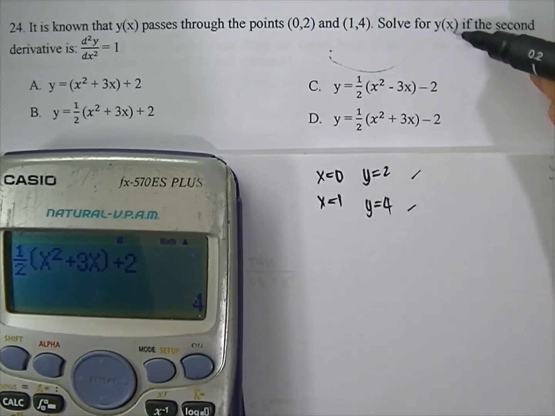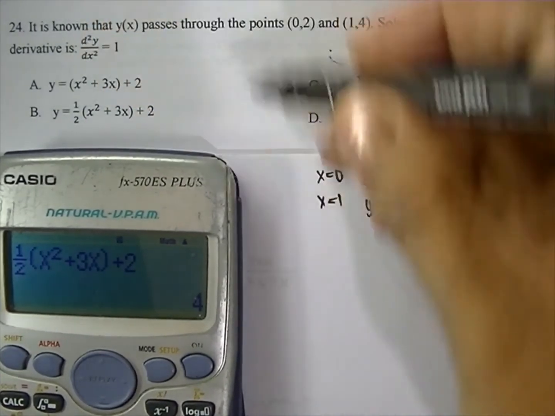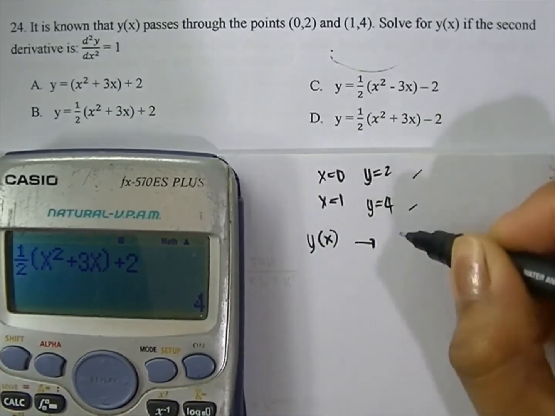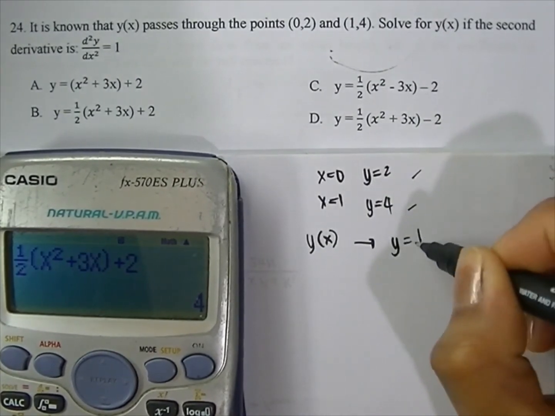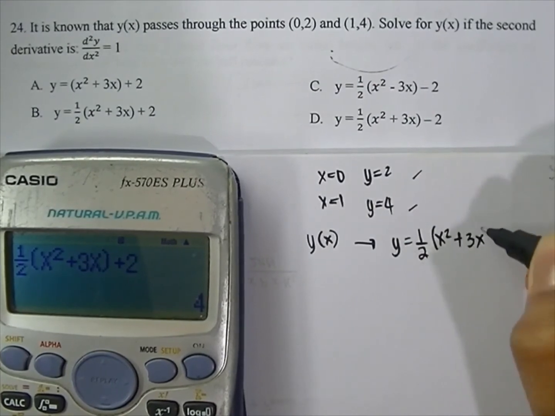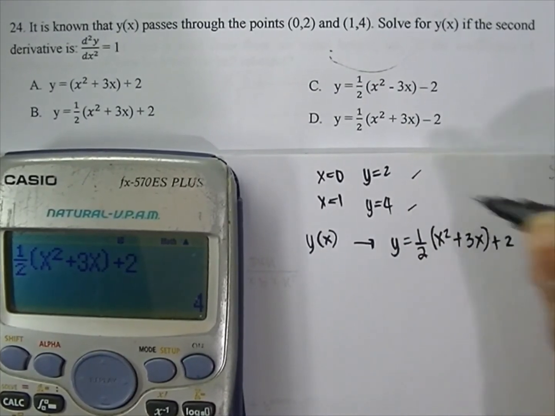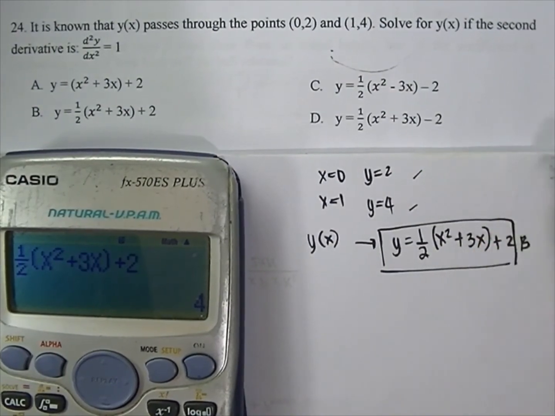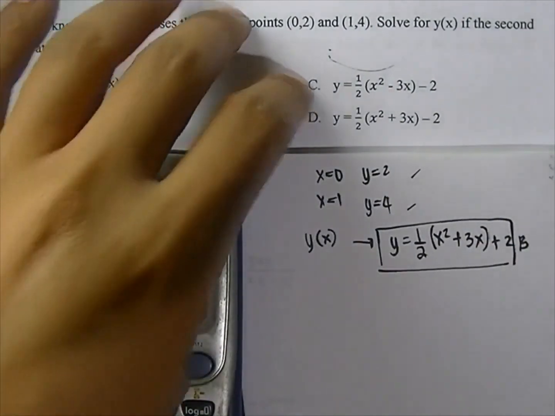So y of x is y equals 1/2 x squared plus 3x plus 2. Letter B. To prove, let's try C and D.